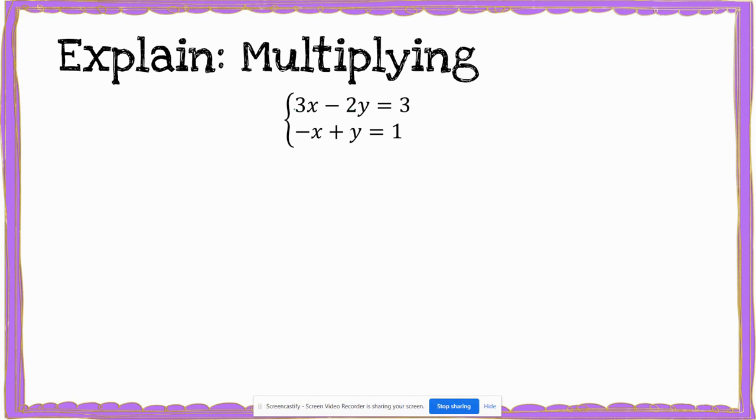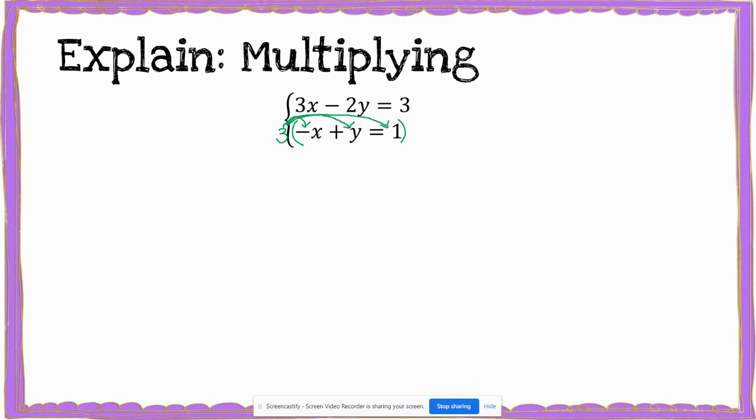Well, I see that my x has a positive 3 coefficient and a negative 1 coefficient. Well, I know that if I multiply negative 1 times 3, I'm going to get negative 3. So what I'm going to do here is multiply this entire equation by 3. Now remember, you're multiplying the whole equation, so we would actually be distributing this 3 everywhere in the equation.